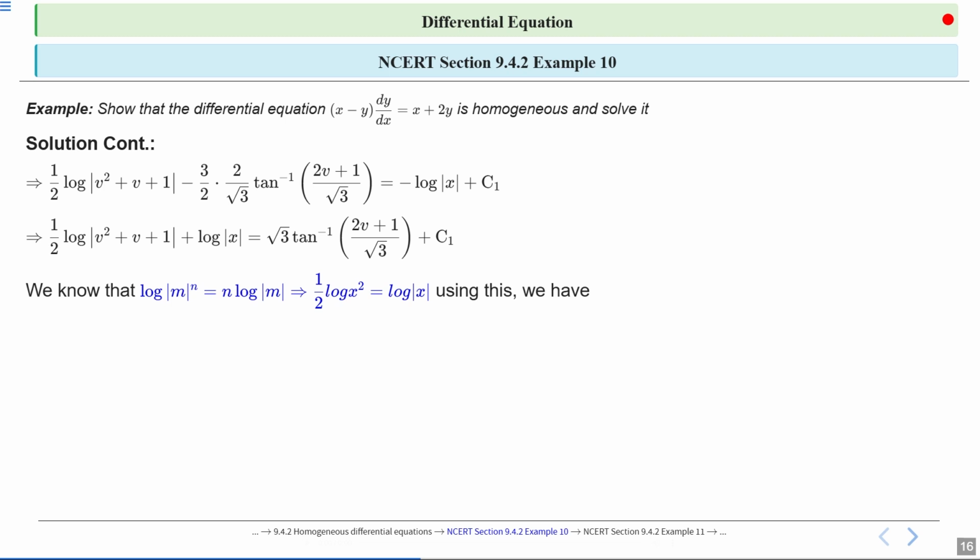And we know the property of logarithms that log mod m to the power n can be written as n log mod m. So for the term log mod x, we can use 1 by 2 log x square. We just replace log mod x by 1 by 2 log x square, so that we can take 1 by 2 common, and then apply the log property.